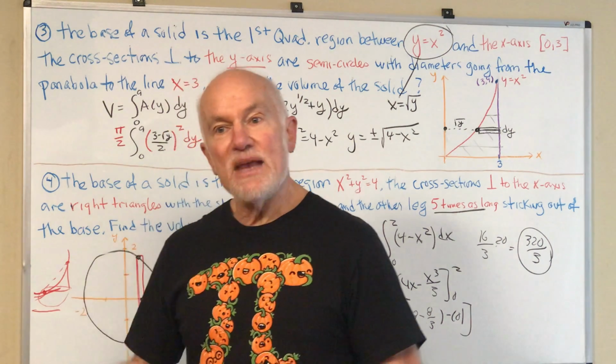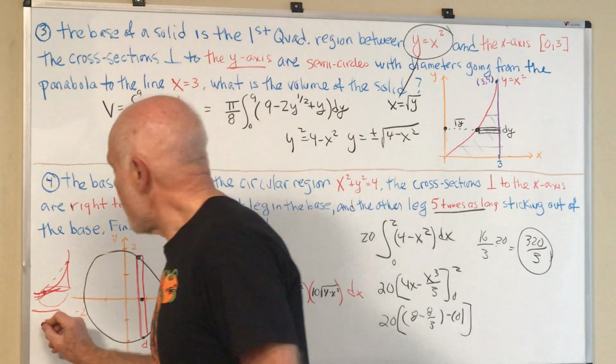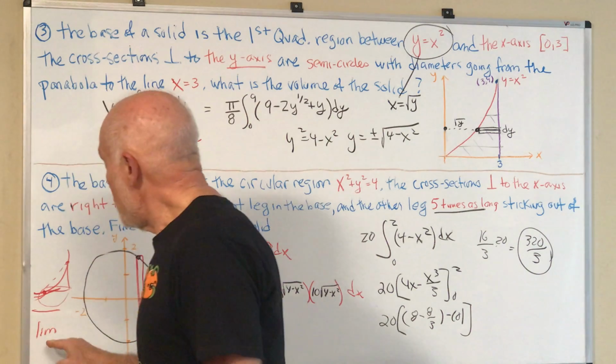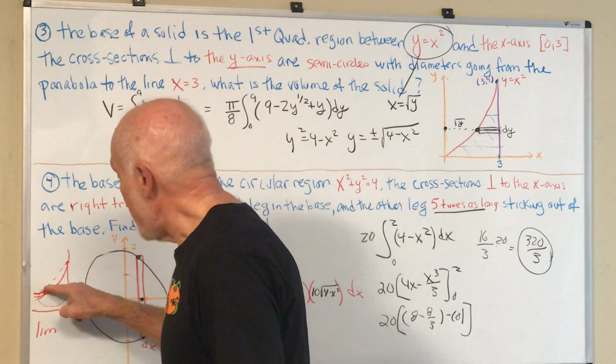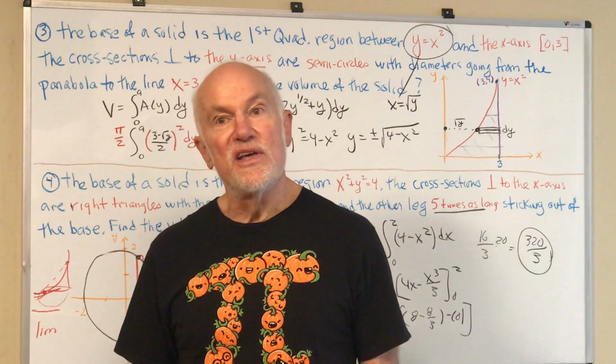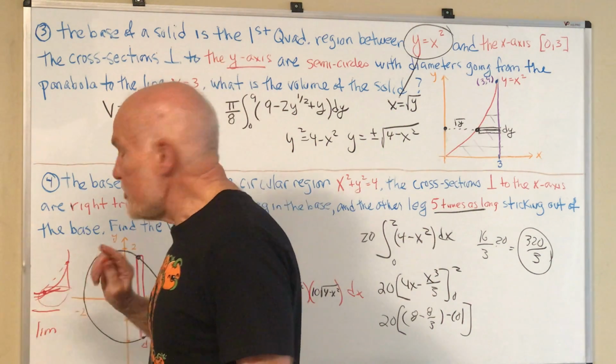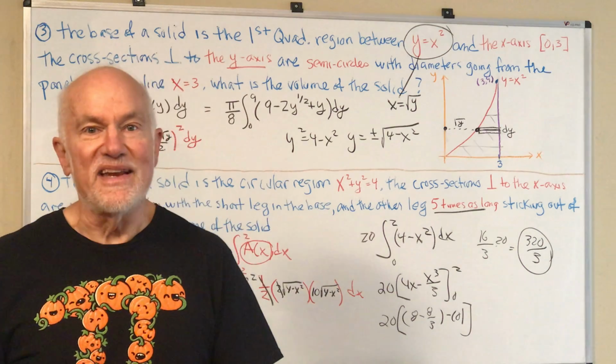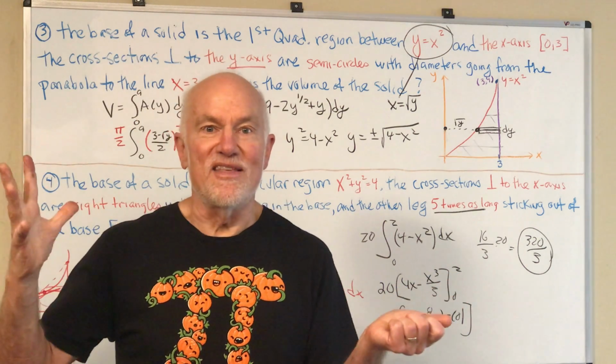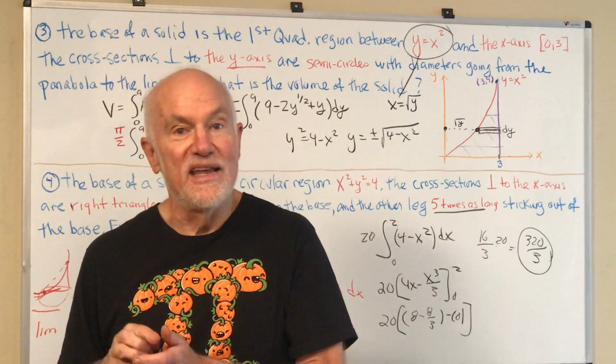Well, you can't divide by 0, so we used this limit. We took the limit as this run, which we call h, approaches 0. And automatically, magically, we turned 2 points into 1 point. I'm trying to show you how magical math is, how you can turn 2 points into 1 point.